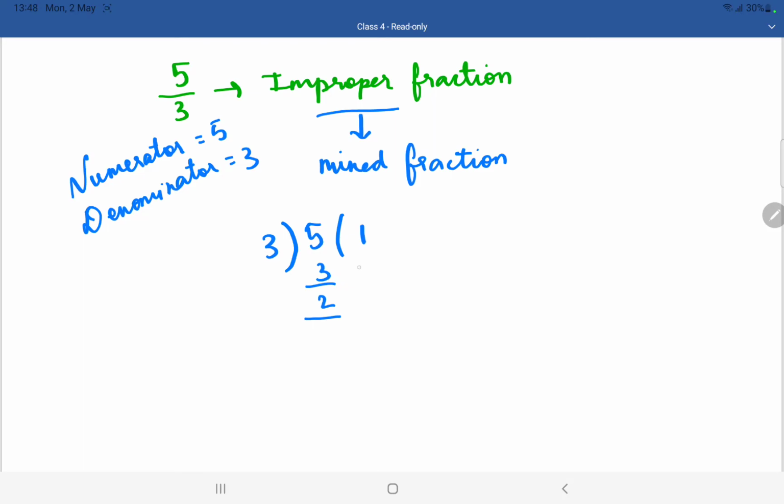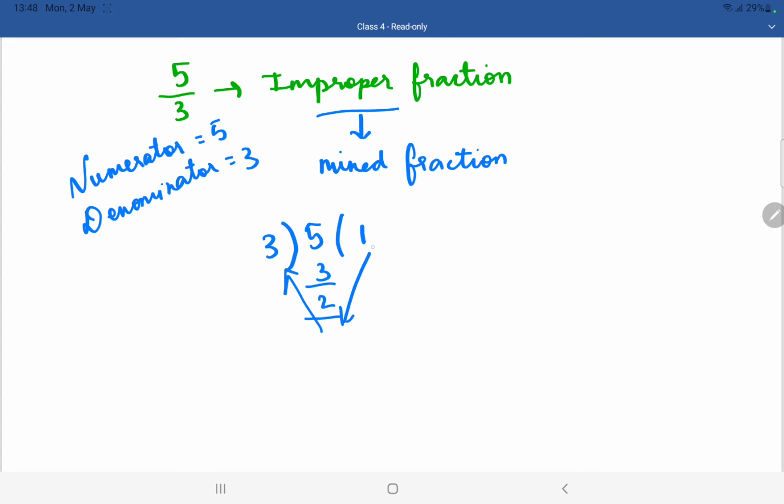So now if you write like this, then I can do 3 ones are 3, 2 will be the remainder. Now, as I told you, what is meant by a mixed fraction? It should have a whole number, and this is an example of a mixed fraction. This is just an example, okay? It should have a whole number, and also it should have a fraction. That is known as a mixed fraction. Okay, so now how to convert this improper fraction into a mixed fraction is our question. You have to do the division, so that 1 will become the whole number.